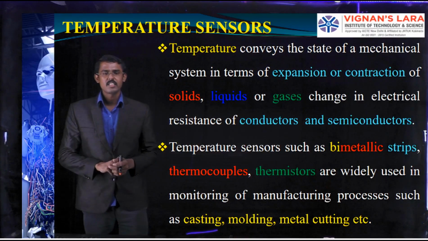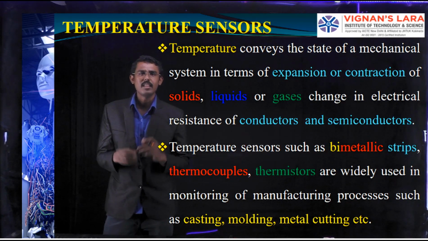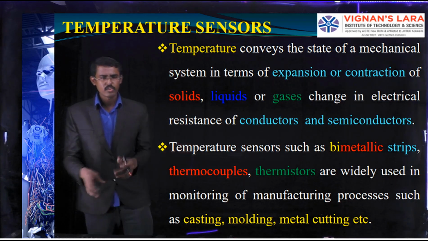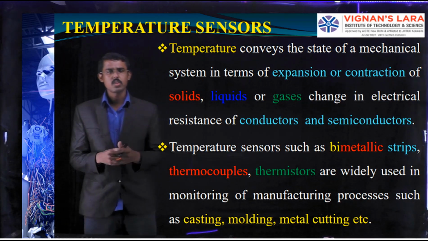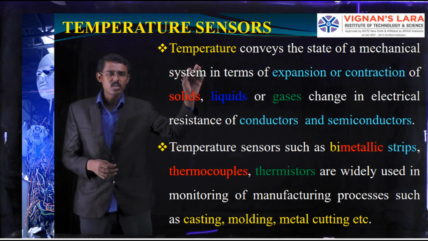We are in the discussions of the types of sensors, and we have already seen various sensors in the list. Out of that, in this session we are going to see the various temperature sensors.